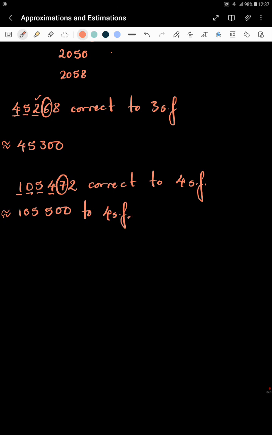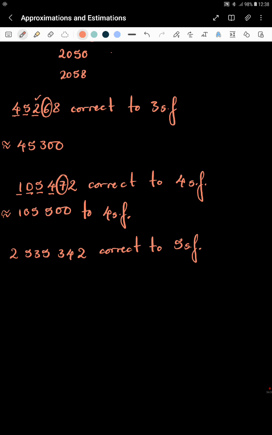Okay, I'm going to look at another example. Let's say we have 2,535,342 correct to 5 significant figures.